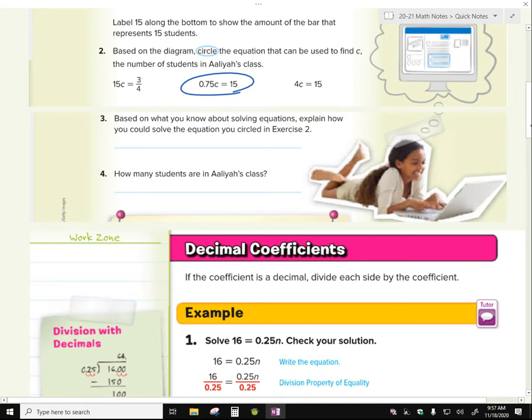Yes, sir. We're going to divide both sides by 0.75.